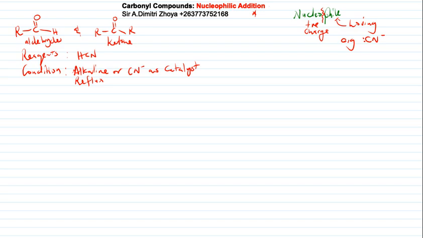So why do we use hydrogen cyanide? Why do we use a source of cyanide ions or an alkali? The reason is because hydrogen cyanide is a weak acid, so it partially dissociates in water.